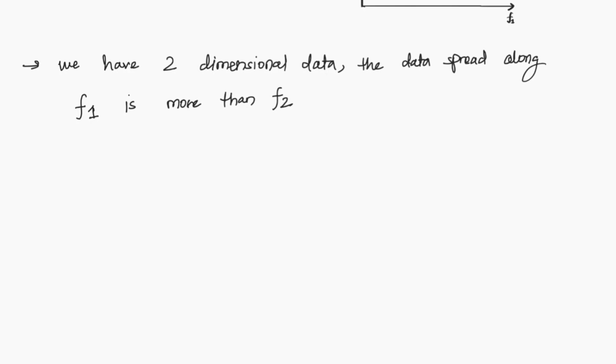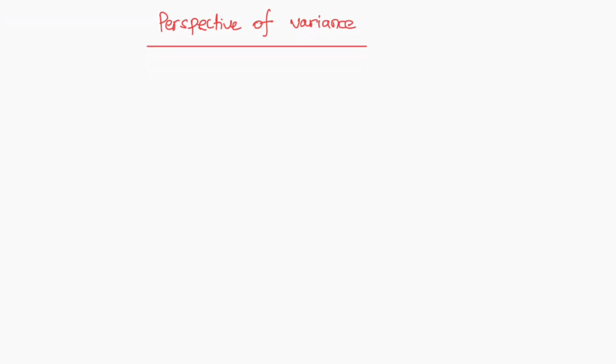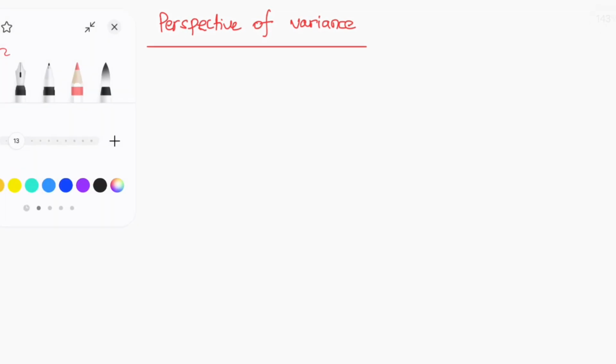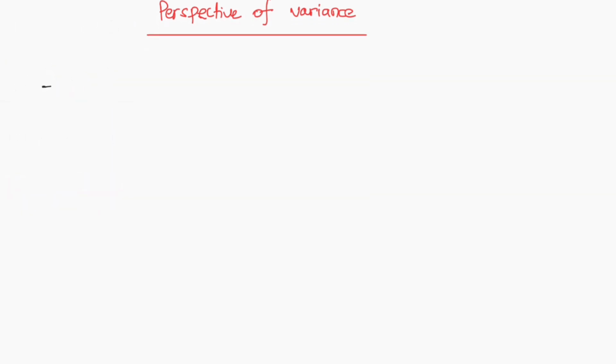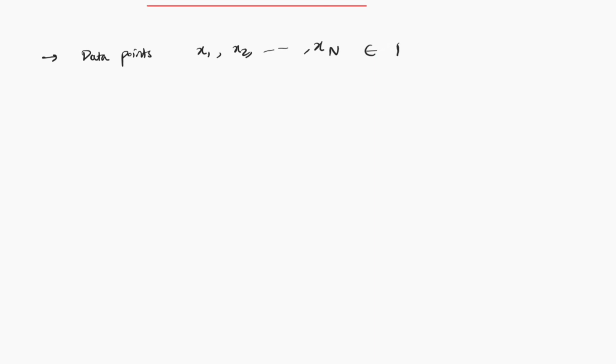So now let us move on to the next part, where we will introduce the perspective of variance. Let us define the problem again. We have data points x1, x2 till xn, and these are all d-dimensional data.